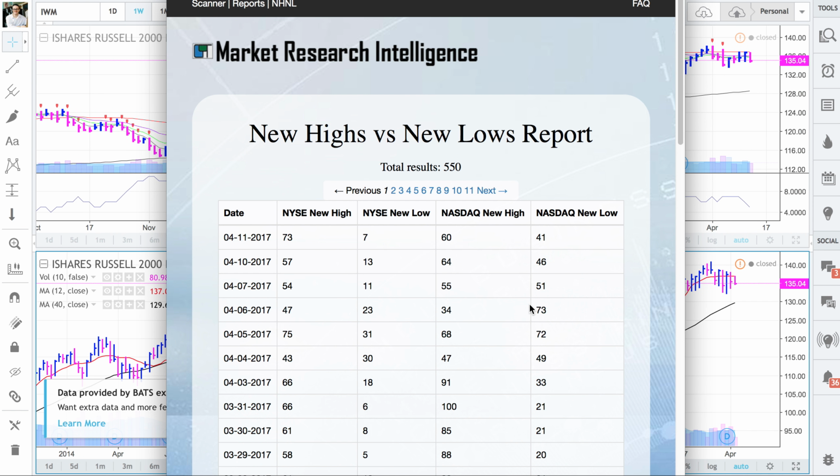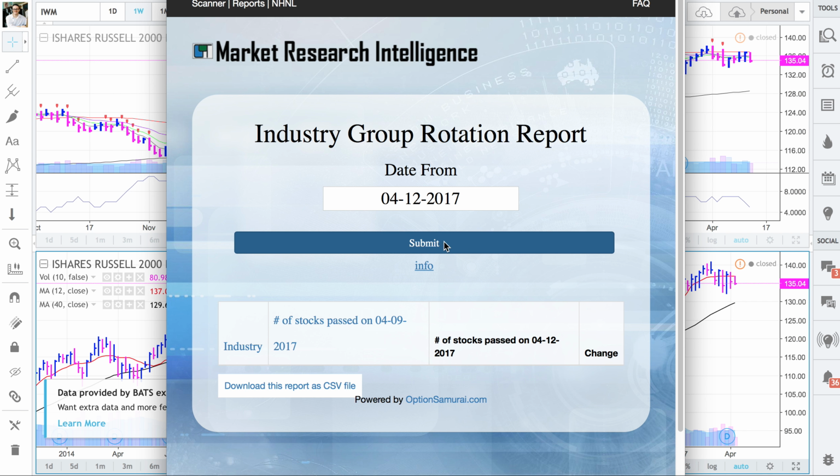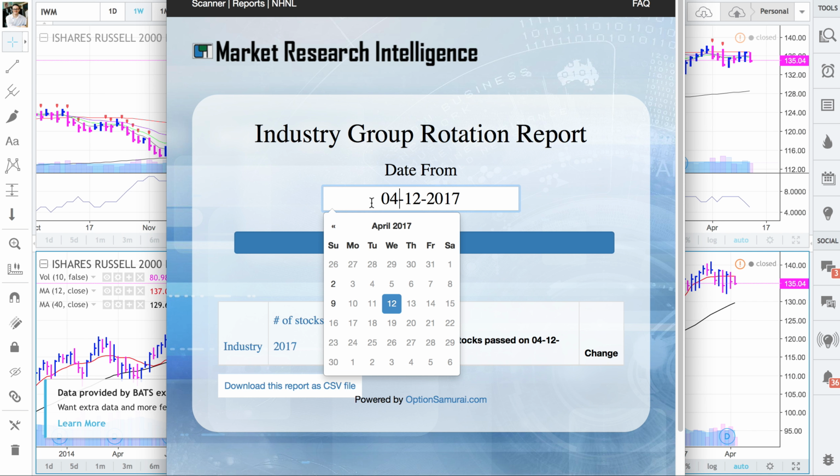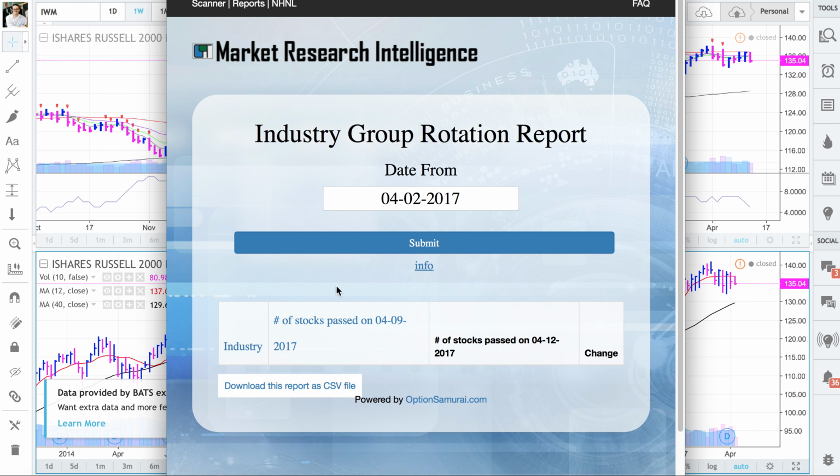If a stock breaks out of an advanced pivot, I'll take a stab at it, and if a stock is pulling back into a major support level, then I'll take a stab at that one as well.